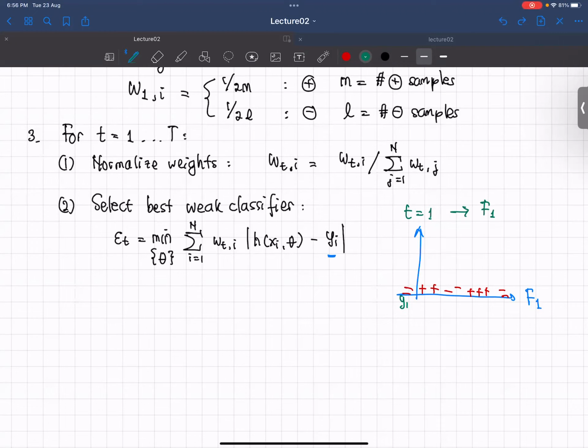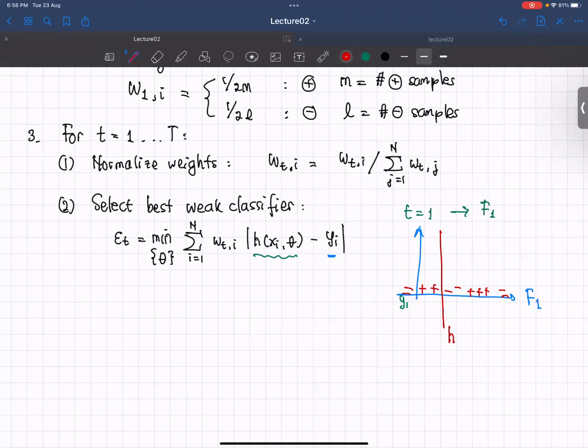Now what does it mean by this H? Again, in our previous discussion, H, or H1 in this case, refers to the weak classifier. So let's assume that your weak classifier is here. This is the H that you want to find.